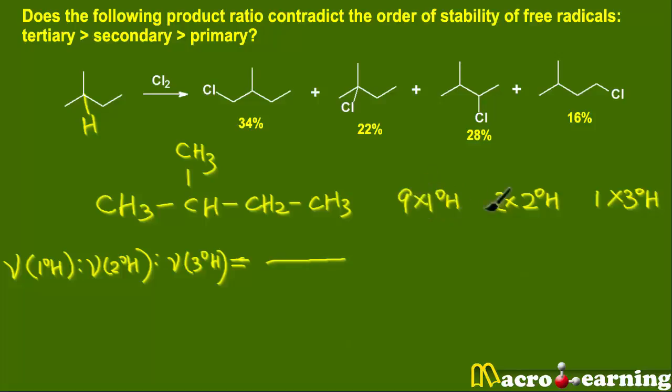We'll take these numbers and put them in the denominators. So we'll add up these two numbers, 16% plus 34%, because both account for the reaction product from the reaction of primary hydrogens with chlorine.